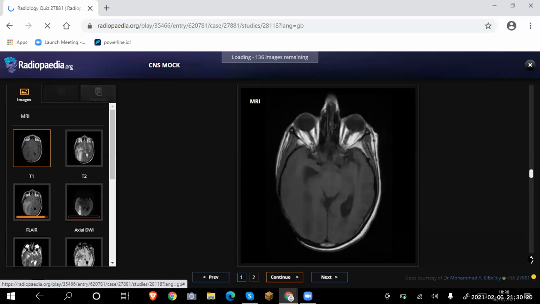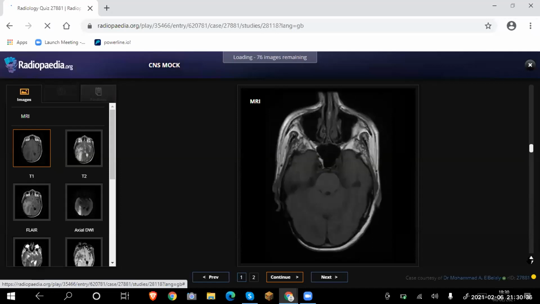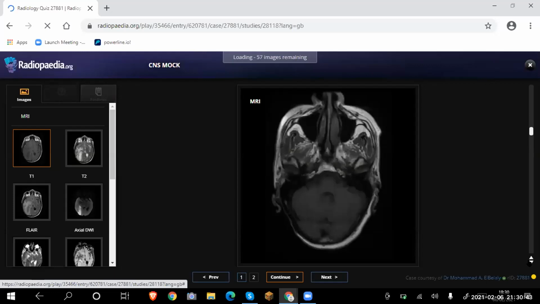This particular series is completely loaded. There is loss of white gray matter differentiation here on the right side, and diffuse blurred parenchyma and some diffuse effacement of the sulci and the adjacent lateral ventricle.